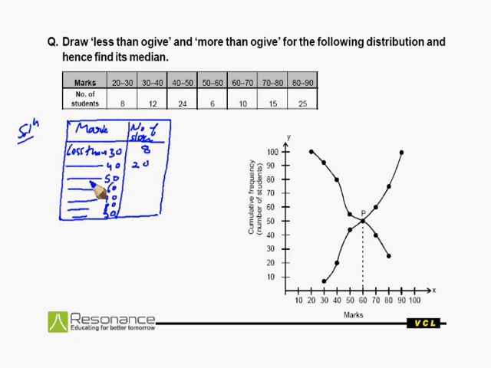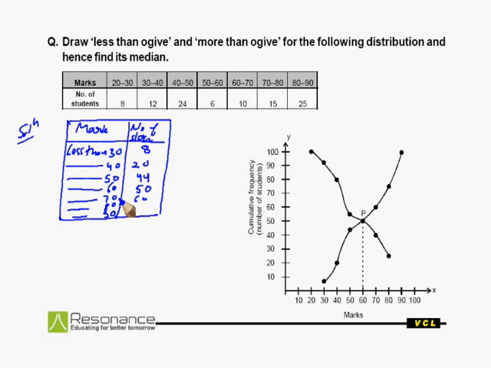Now the number of students whose marks are less than 50 is 8 plus 12, 20, 20 plus 24, that is 44. And the number of students whose marks are less than 60, we have to add all these four class intervals, that is 8 plus 12, 20, 20 plus 24, 44, 44 plus 6, that is 50. Like that we fill in the next frequencies.